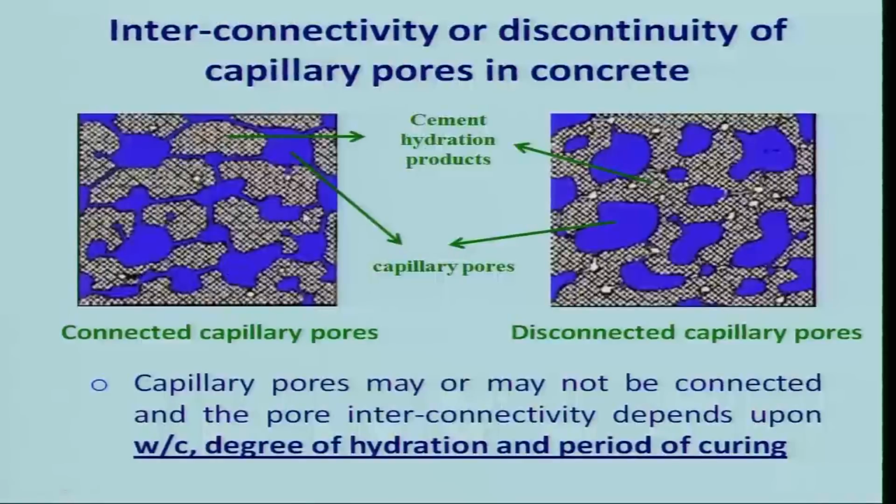In this figure the capillary pores are connected to each other, whereas in this figure you have capillary pores but less connectivity. Why? Because the hydration compounds are already formed and this water is not able to reach this water. So capillary pores may or may not be connected, and pore interconnectivity depends on three factors.